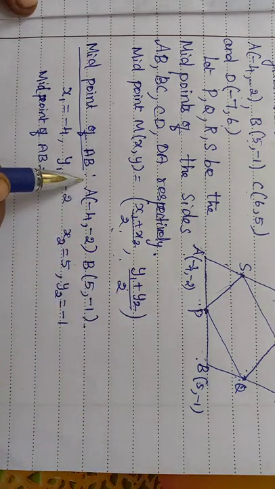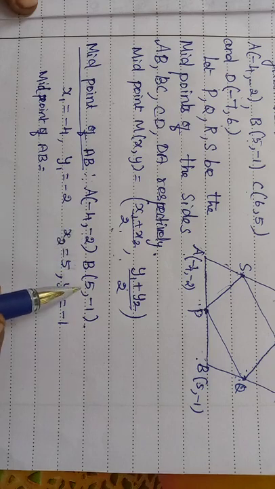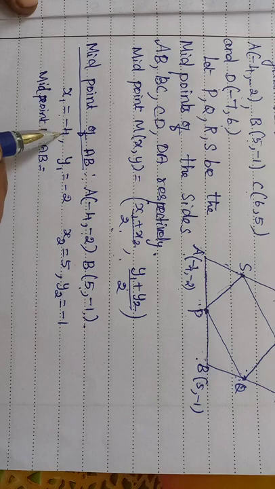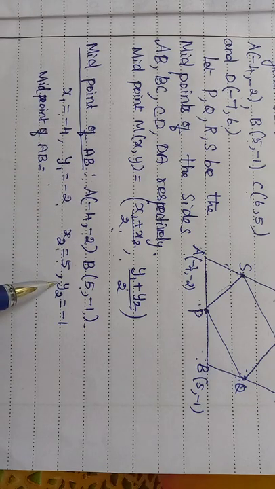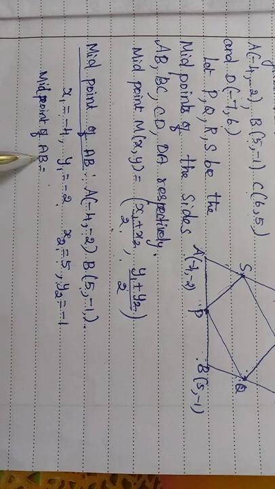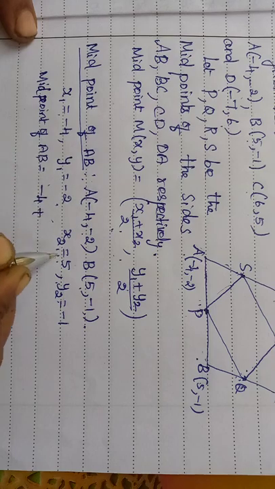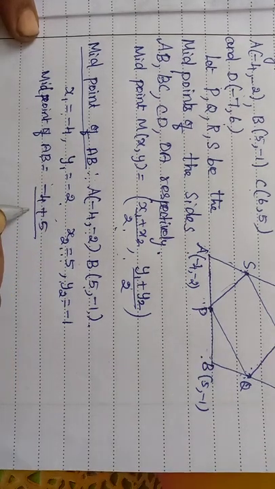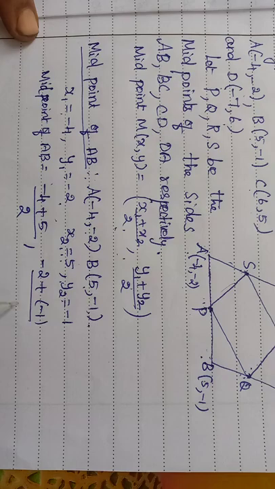Midpoint of AB, that is A of minus 4 comma minus 2 and B of 5 comma minus 1. So here x1 equal to minus 4, y1 is equal to minus 2, x2 equal to 5, y2 is equal to minus 1. So midpoint of AB equals minus 4 plus 5 divided by 2 comma minus 2 plus minus 1 divided by 2.